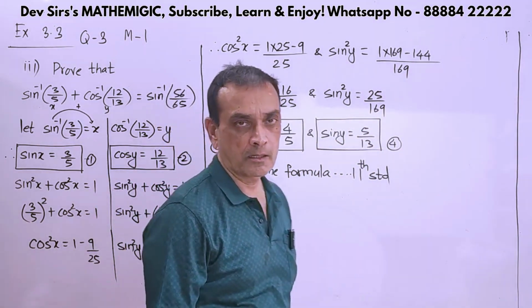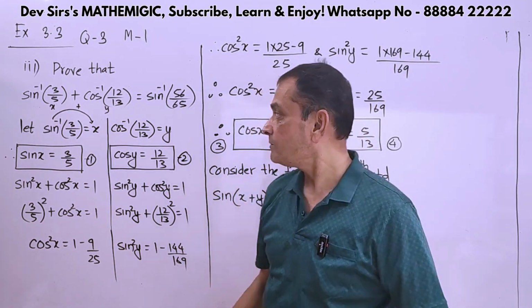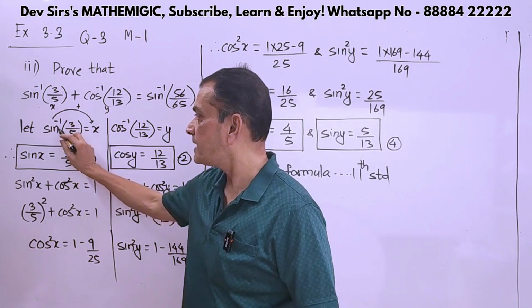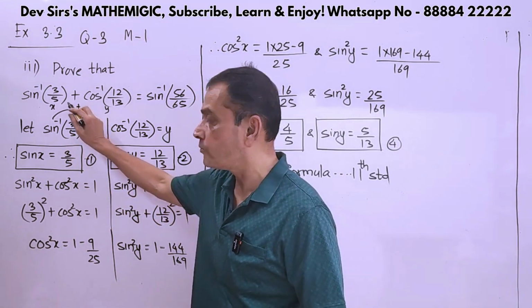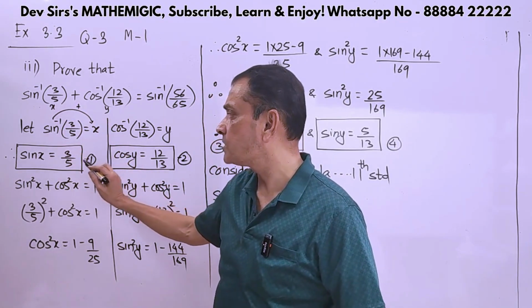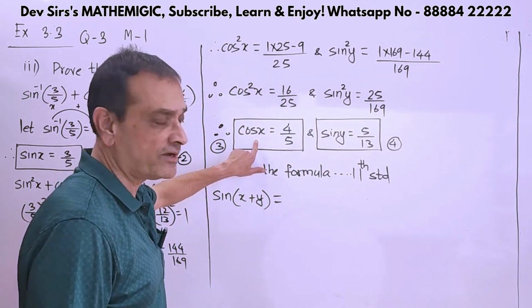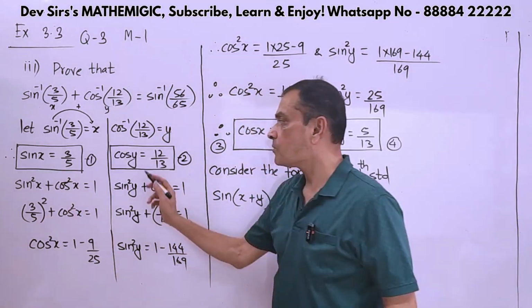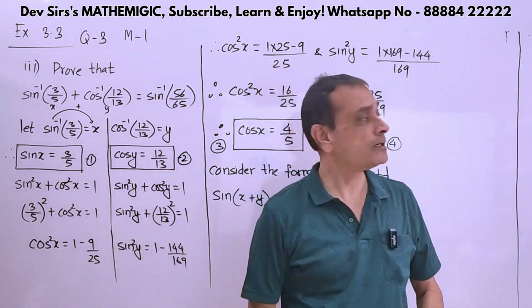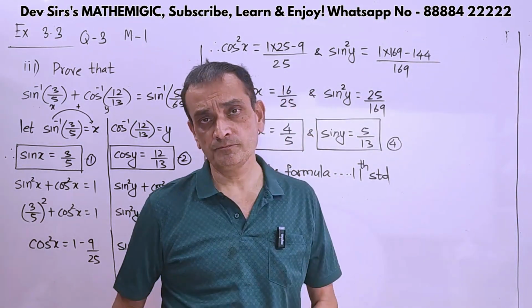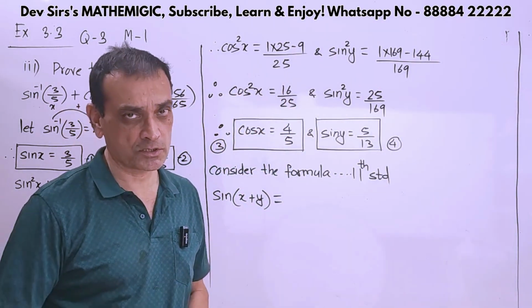So where did we start? Sin x equal to 3 by 5. Saying sin inverse 3 by 5 equal to x, sin x equal to 3 by 5. From that we get cos x 4 by 5. From cos y equal to 12 by 13, we get sin y equal to 5 by 13. This is how we get the values.